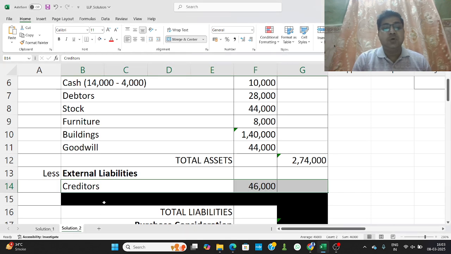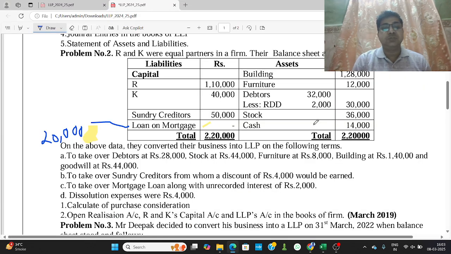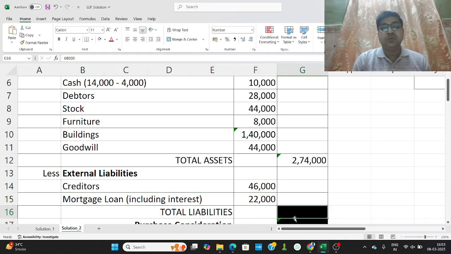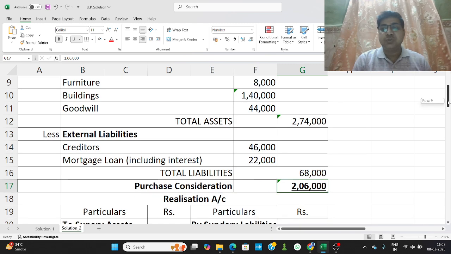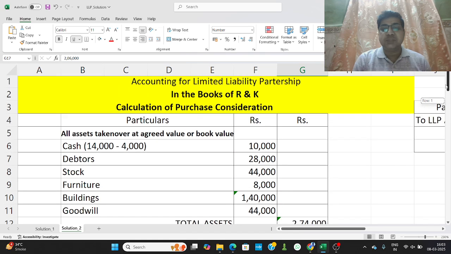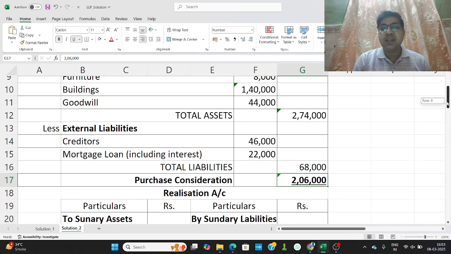The mortgage loan is also our external liability: 20,000 plus the extra interest of 2,000, total 22,000. So the total liability will be 68,000. Now, total assets minus total liabilities gives 2,06,000, which is considered the purchase consideration. I hope you understood how we calculated the purchase consideration: total assets minus total liabilities.